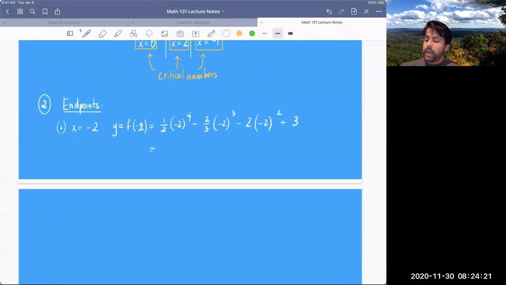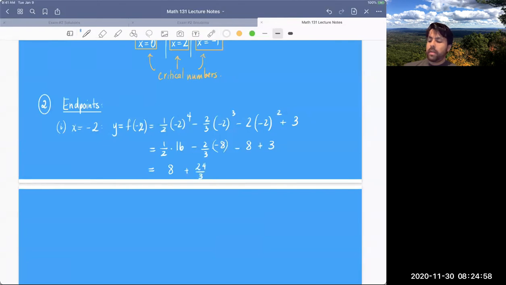And then what do I have? I got 1/2, and -2 to the fourth power will be +16. Then -2/3 times -2 cubed, which becomes -8. This becomes -2 times -2 squared, which is +4, times 2 is -8, plus 3. We're going to have a fraction at the end. 1/2 of 16 is 8.